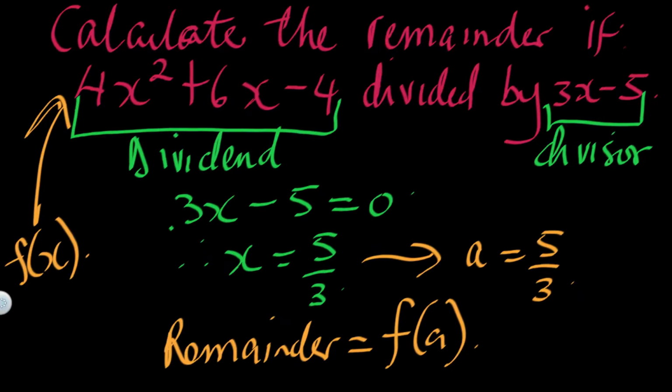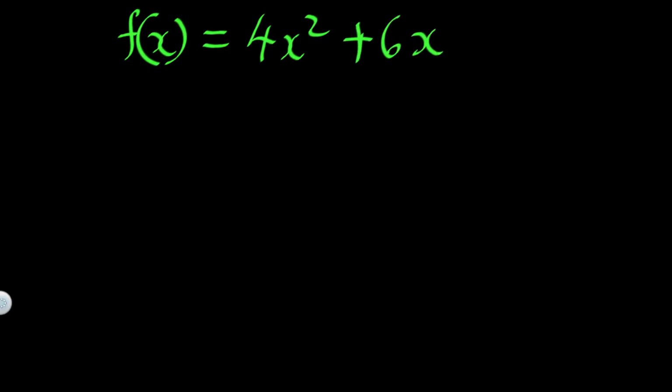So let's go to f of x, which is equal to 4x squared plus 6x minus 4.